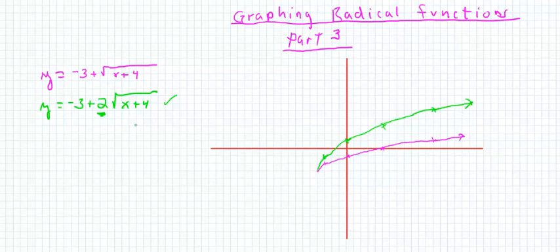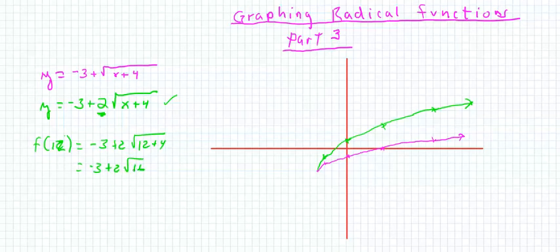Nothing more. All right? And if you want to check to make sure we did this right, 1, 2, 3, 4, 5, 6, 7, 8, 9, 10, 11, 12. If x is 12, f of 12, we have -3 plus 2 times radical 12 plus 4. -3 plus 2 times radical 16. -3 plus 2 times 4.